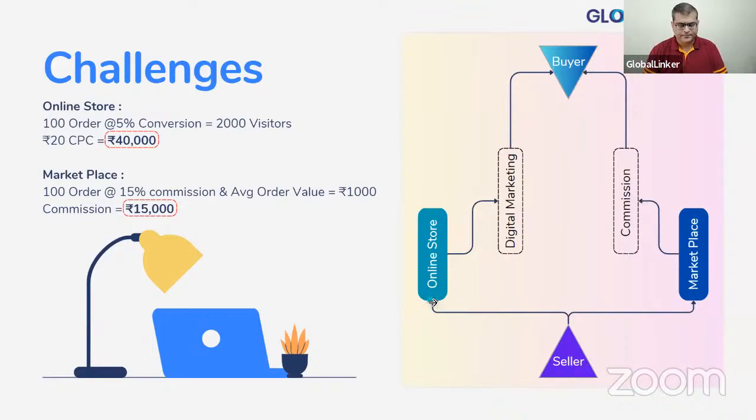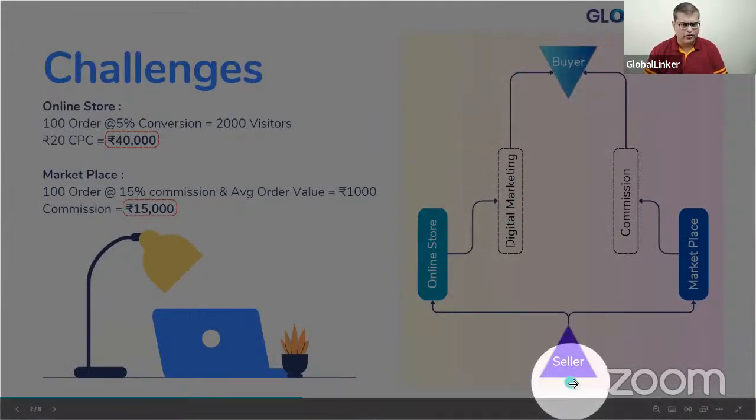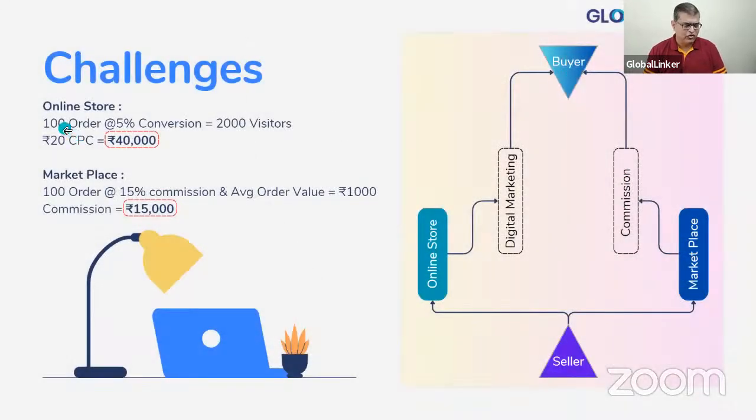Now, if you're using your online store, that's where you are spending on digital marketing, and then you are reaching the buyer who will be giving order to you, right? If you're choosing the marketplace route, in that case, you're paying commission, and then you are getting the orders from the buyers. So if we are just quickly looking at the numbers, if you want to have 100 orders on your online store, and assuming 5% conversion, which is again on a higher side, you have to get 2,000 visitors onto your online store to get that many orders.